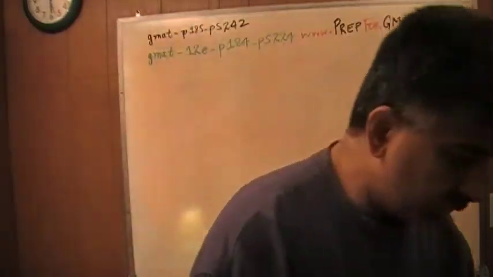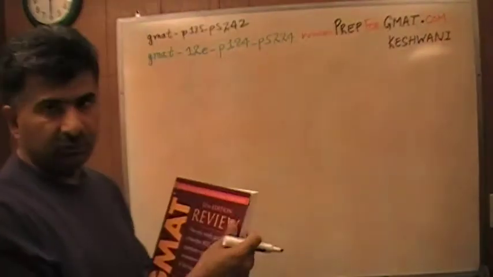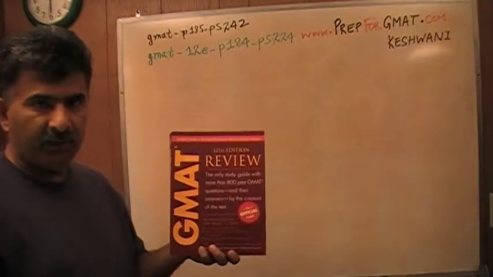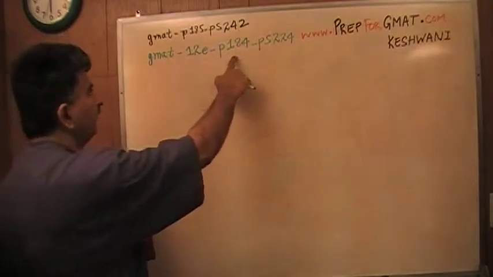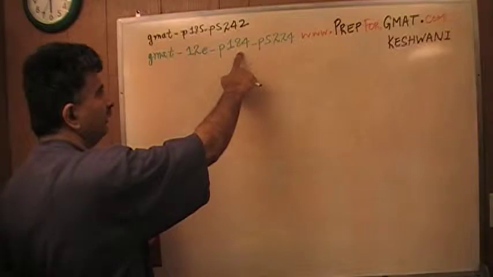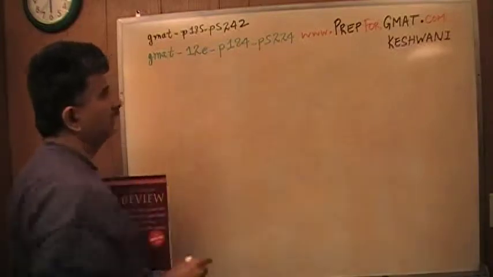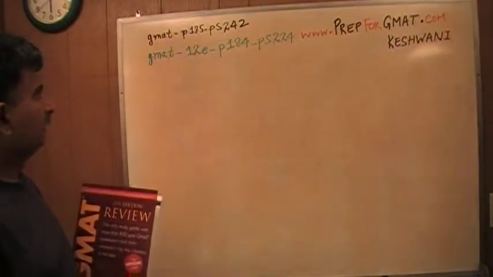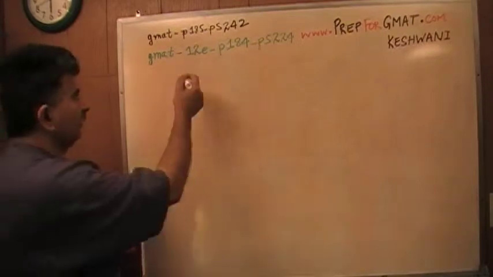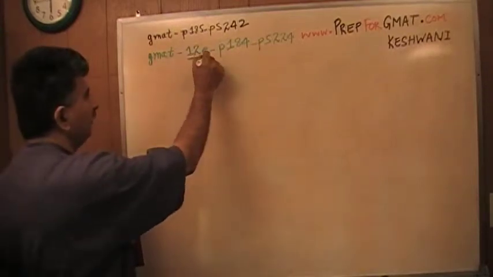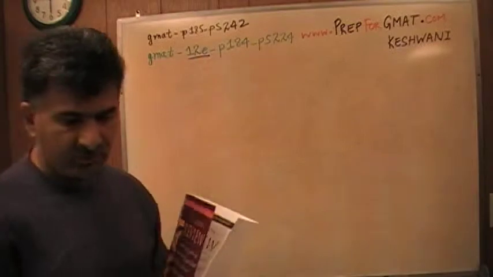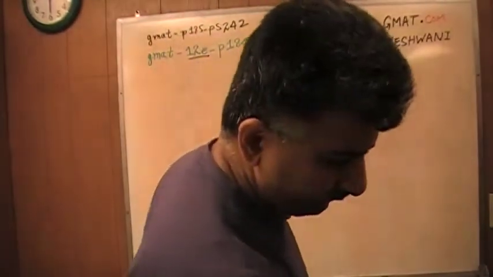If you happen to own the newer edition, the 12th edition, you will find the exact same problem on page number 184, instead of page 185. Problem solving number 224. Same exact problem in this book, the 12th edition, hence the 12E. GMAT 12E for the 12th edition, then the page number, and then the problem solving number.